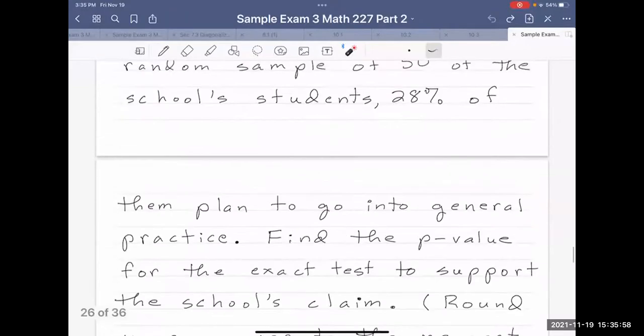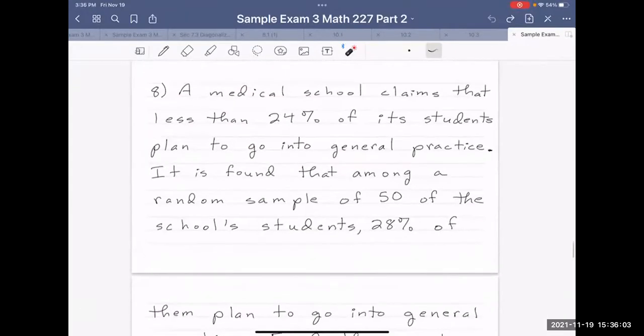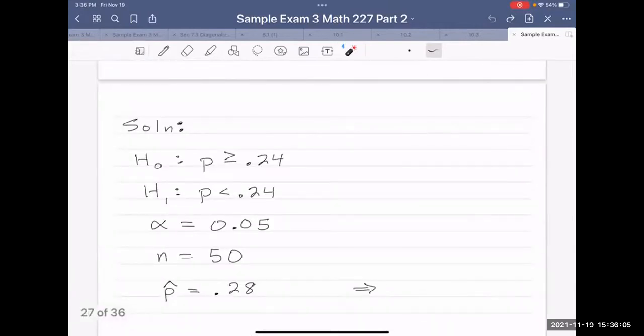Okay, so less than 24%. So the alternative hypothesis is that the population proportion is less than 0.24. Well, let's look at its complement. So the null hypothesis is that P is greater than or equal to 0.24, and alpha here is equal to 0.05.